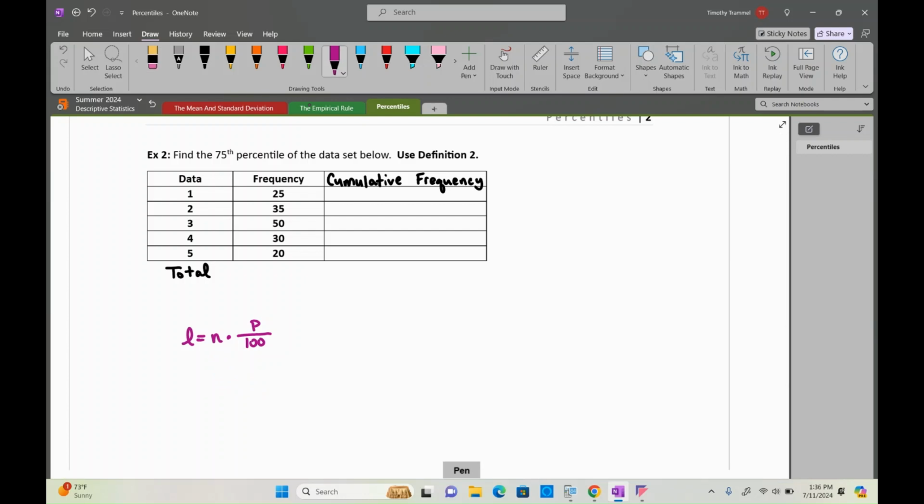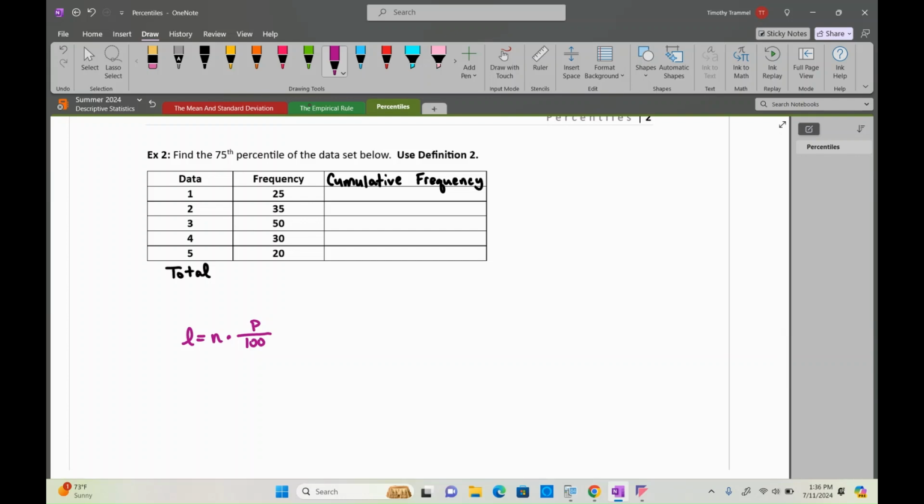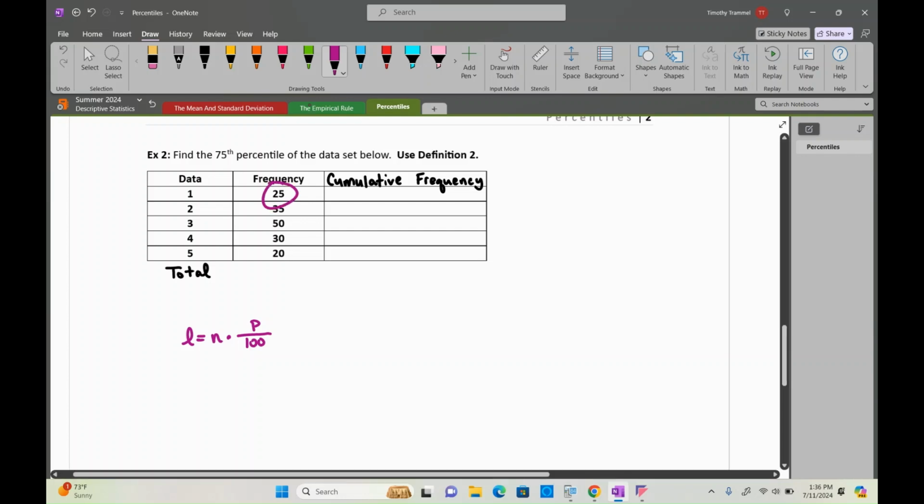If we want to figure out N, we just need to total up our frequencies. Because remember, what this chart means is that we have 25 ones in our data set, 35 twos, 50 threes, and 30 fours in the data set. And finally, 20 fives in the data set.